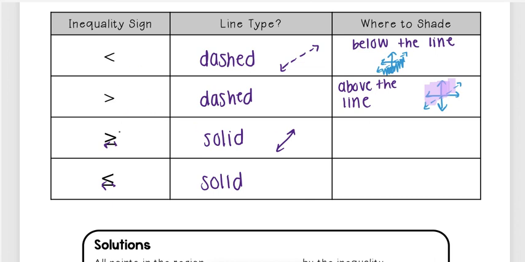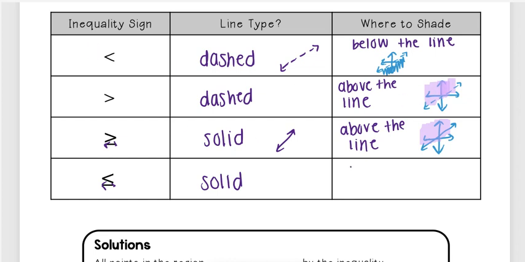And so just like before, if it's greater than or equal to, so just like the greater than, you're going to shade above the line. So an example of what that would look like is this. So it's very similar to that one, except it has a solid line.